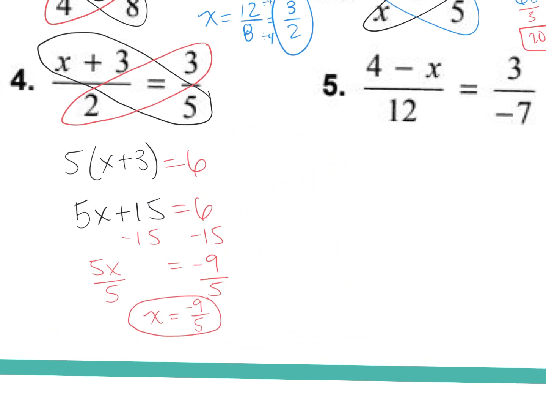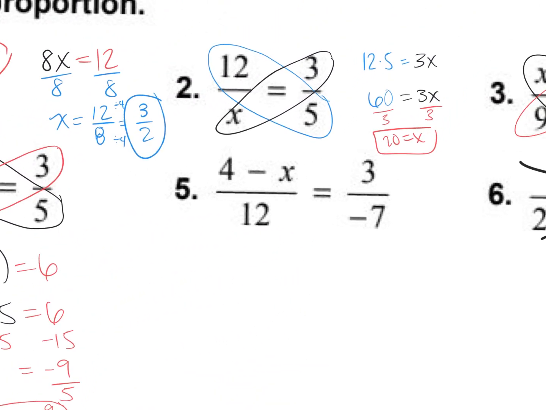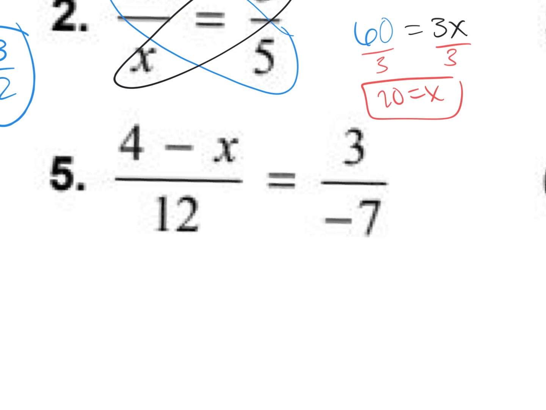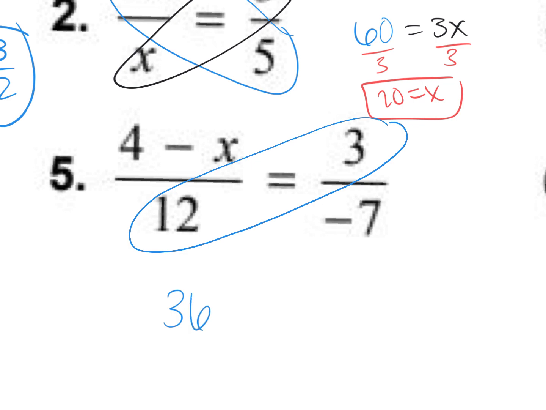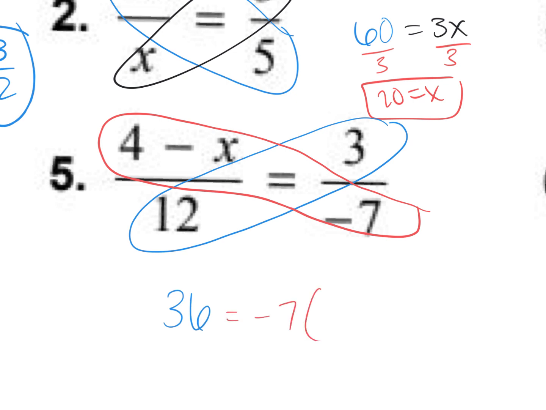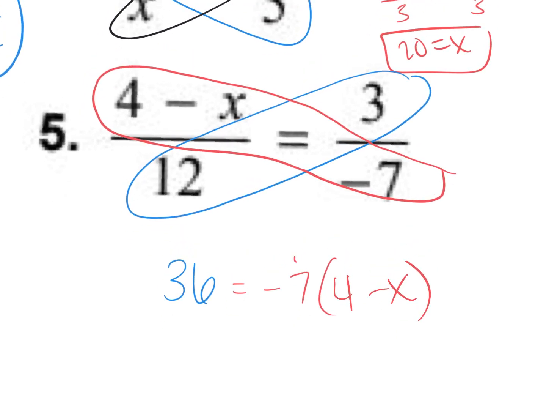Okay, anyone want to take a shot at number 5? Hannah? 36. Okay. Mm-hmm. Distribute the negative 7 to each of those.